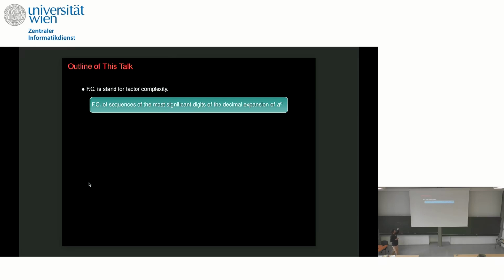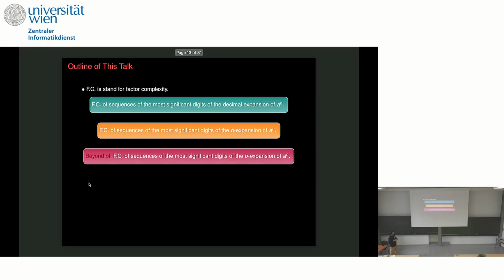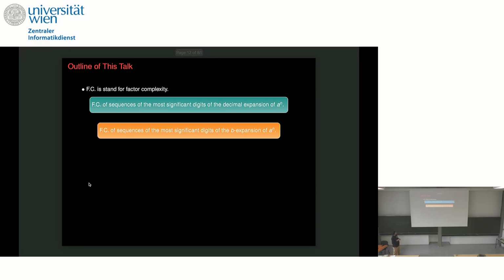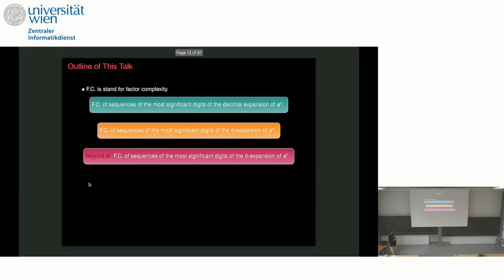First of all, we are discussing the factor complexity. Later, for general bases. After that, for some other kinds of factor complexities, like arithmetic complexity and polynomial complexity, invented by me in my thesis.